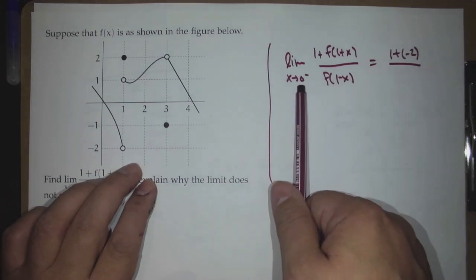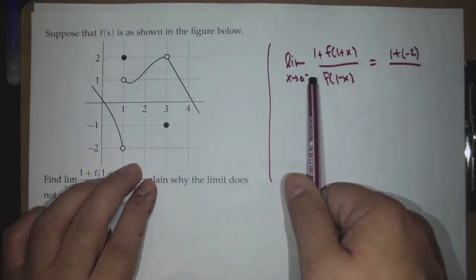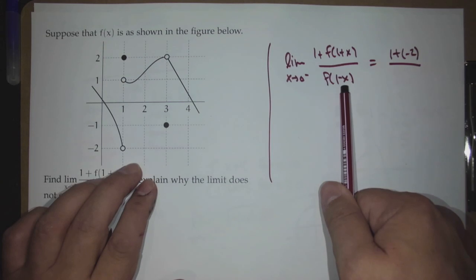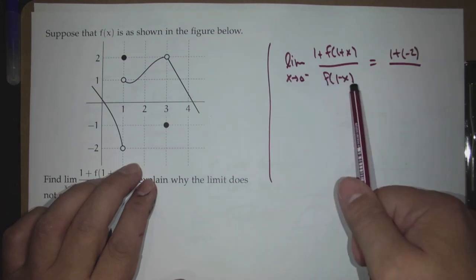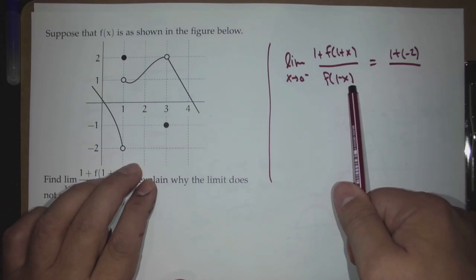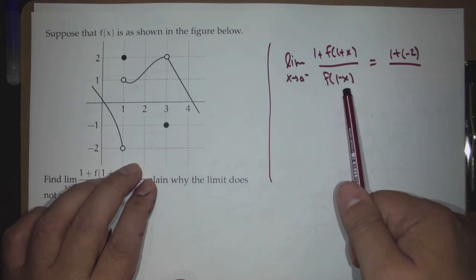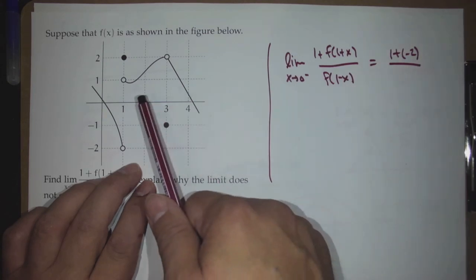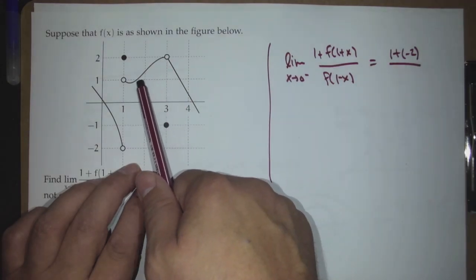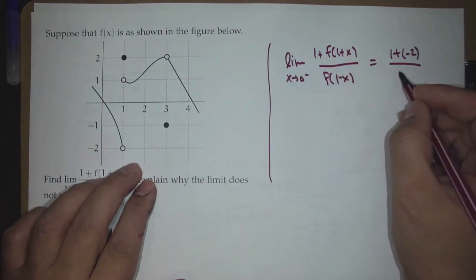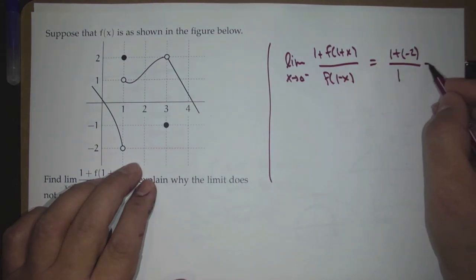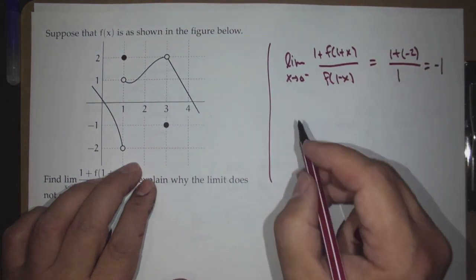Now, again, x is approaching 0 from below. What is 1 minus x approaching? Well, it's approaching 1 minus 0, which is 1. Is it approaching it from below or from above? If I take 1 minus a negative number, am I below 1 or above 1? Above 1. So I'm approaching 1 from above. As I approach 1 from above, what am I approaching? 1. 1 plus negative 2 over 1, also known as negative 1.